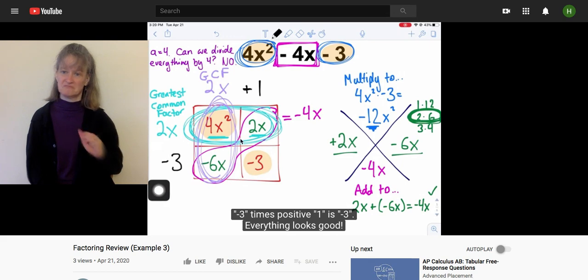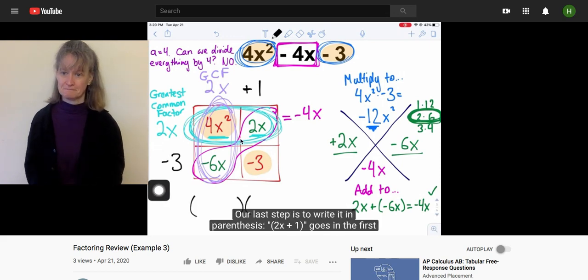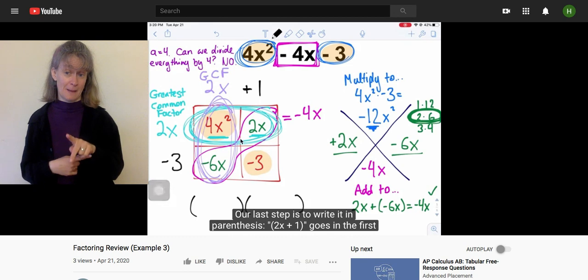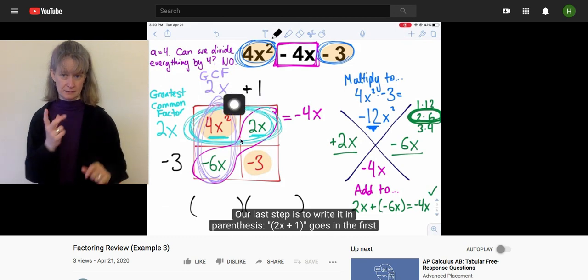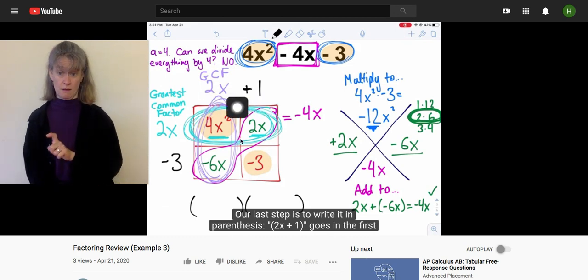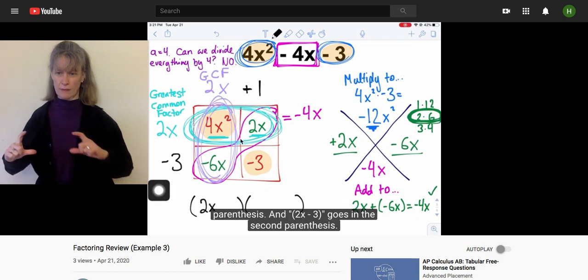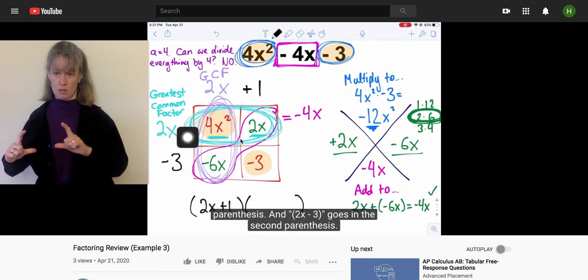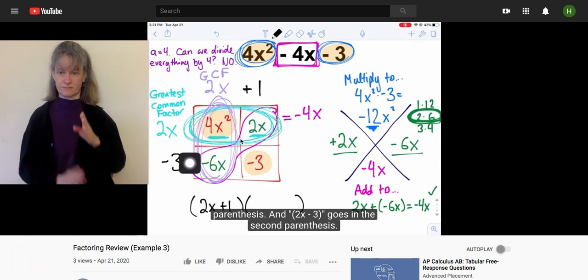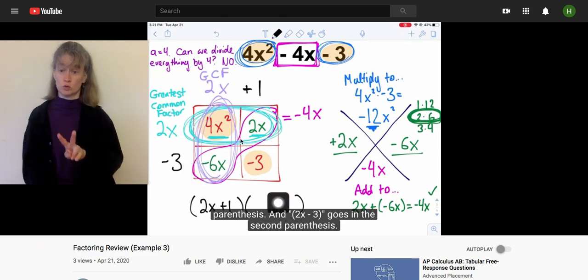Everything looks good. Our last step is to write it in parentheses. 2x plus 1 goes in the first parenthesis, and 2x minus 3 goes in the second parenthesis.